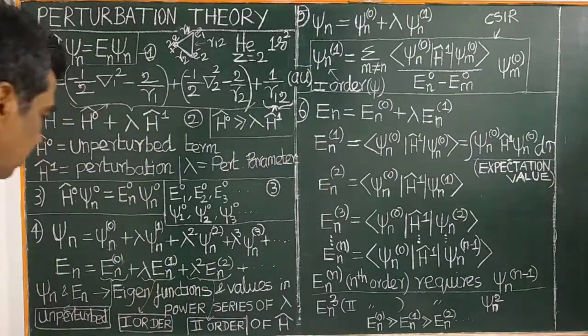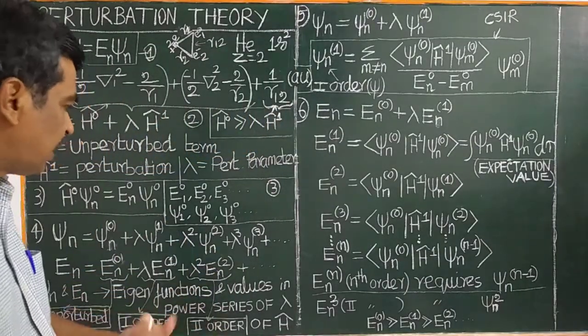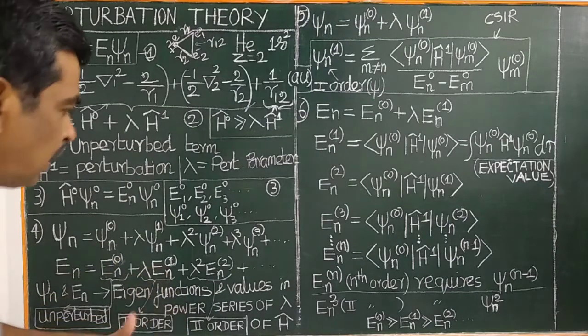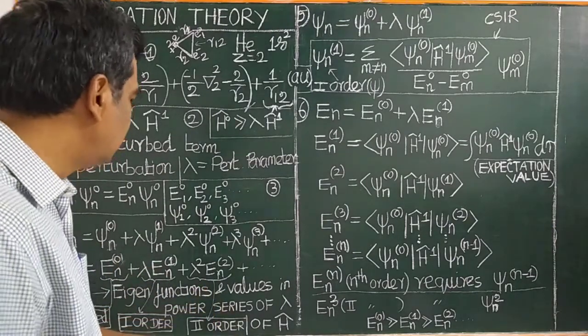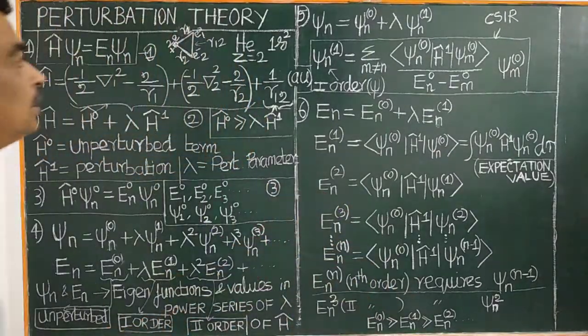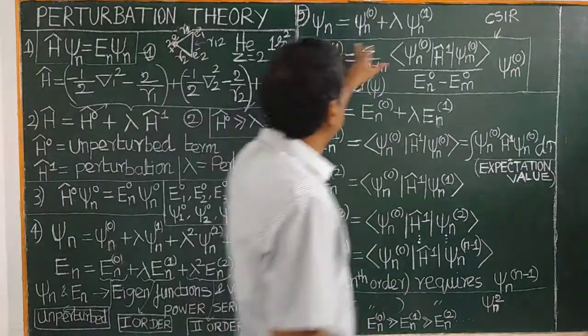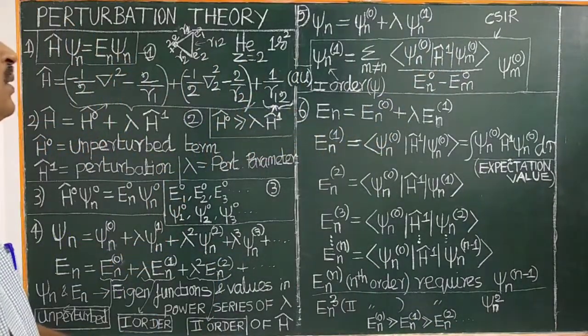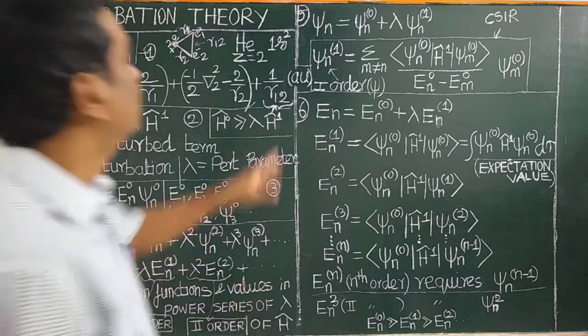Because the higher order perturbation terms are smaller and smaller, the higher order terms are negligible. Let us consider only the first order correction. We will consider this first order perturbation theory.